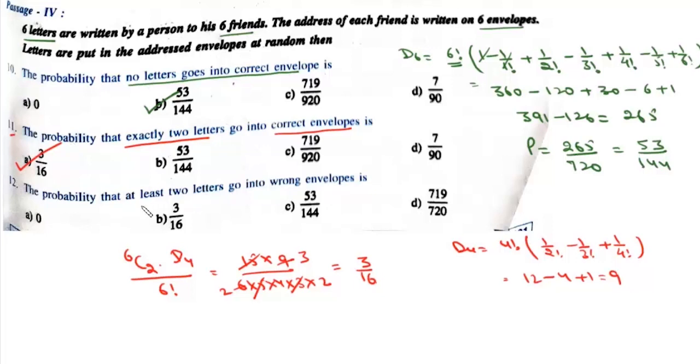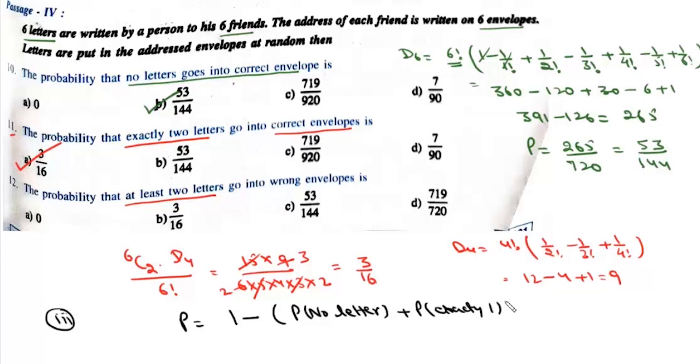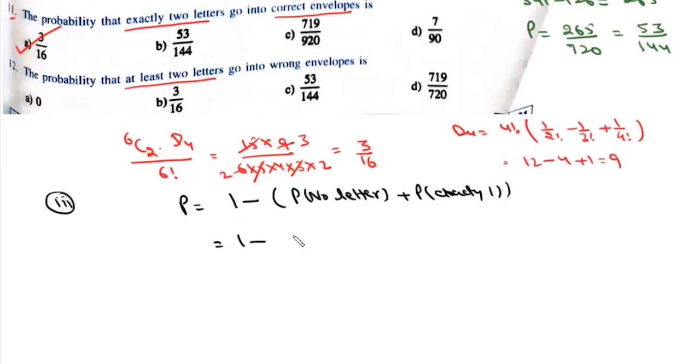Now the next one is the probability that at least 2 letters go into wrong envelopes. Now for this third one, at least 2, this probability will be 1 minus either the probability that no letter is in a wrong one, or exactly 1 letter is in the wrong envelope. Now if all the letters are in correct envelopes, then this probability is 1 by factorial 6, which is 720.